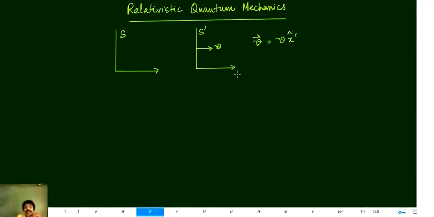So that means this is moving with a velocity along the x prime axis, and in this case the x axis and x prime axis are coincident.